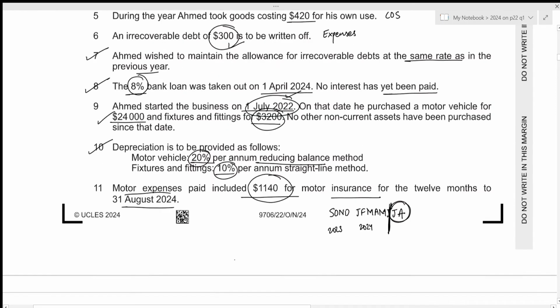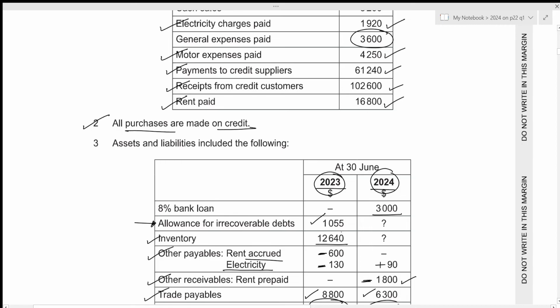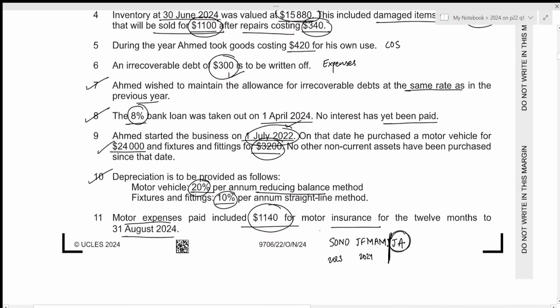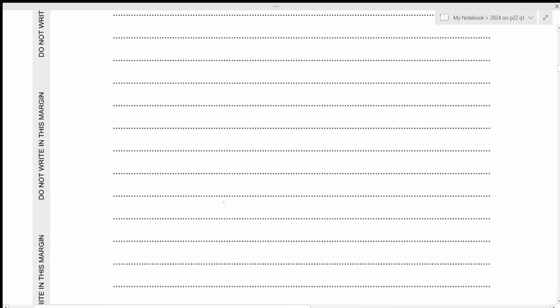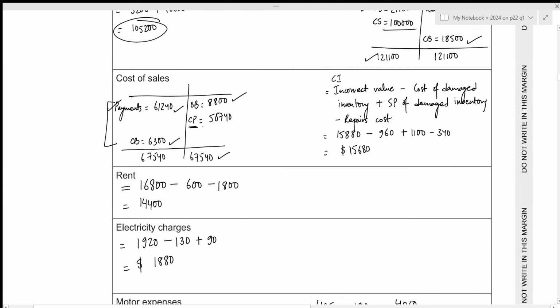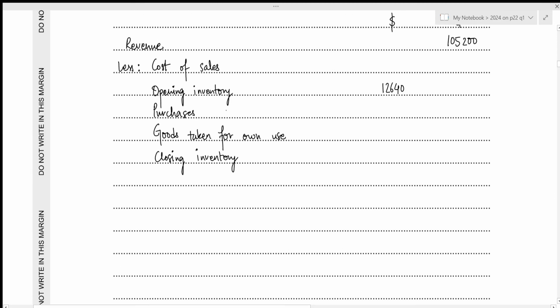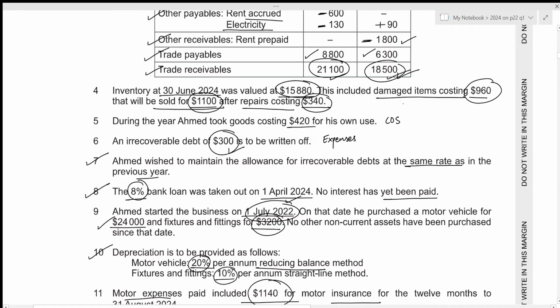Okay, let's start with the opening inventory. Opening inventory is 12,640. Then purchases we've already calculated. That will be 58,740. Then we have been given the goods taken for own use, which was 420. So we need to subtract this.